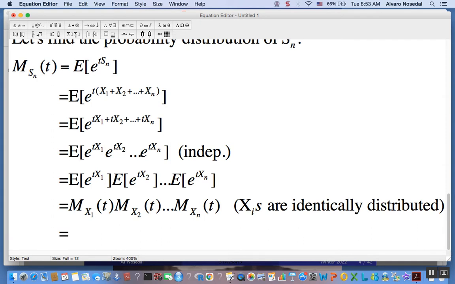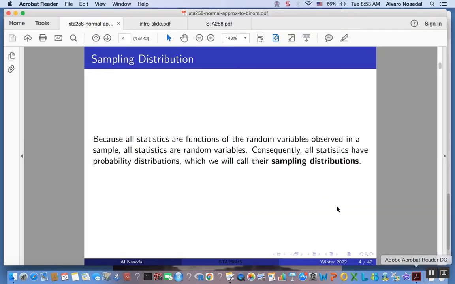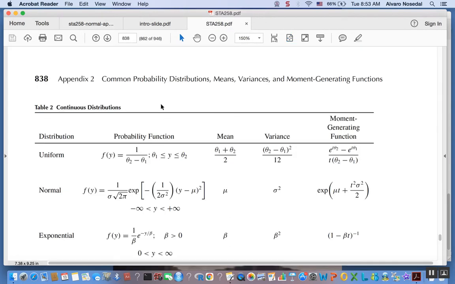So now, let's take a look at your textbook. I think it's page 837 or 38, the one that contains the expressions of the most popular distributions.